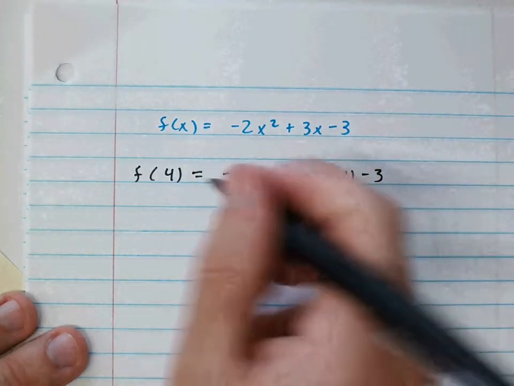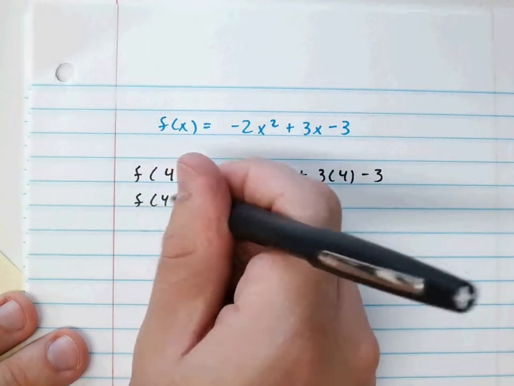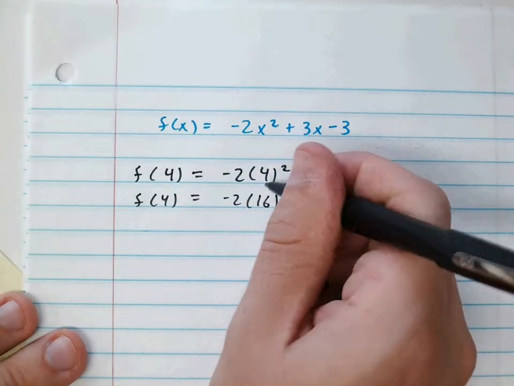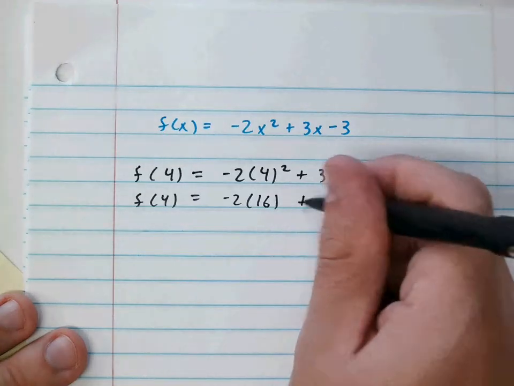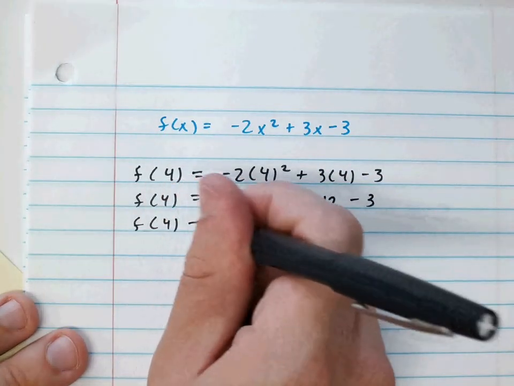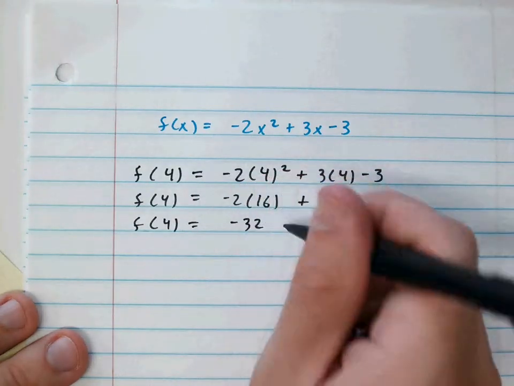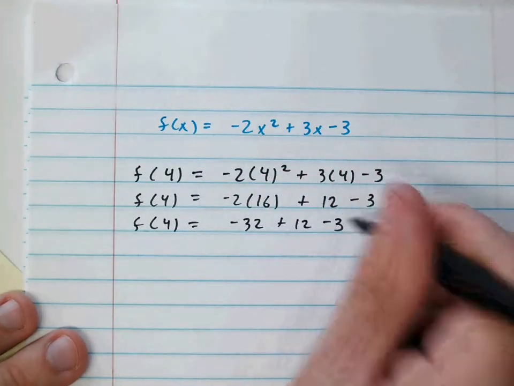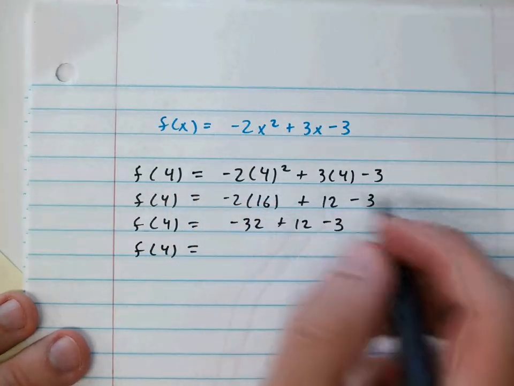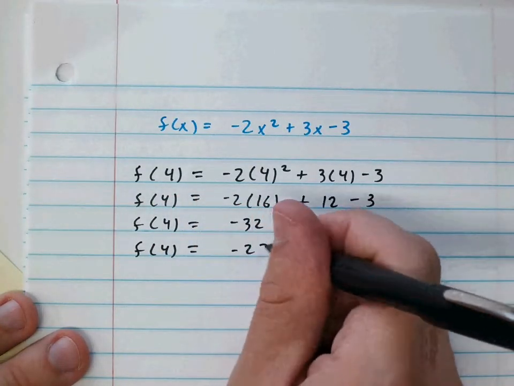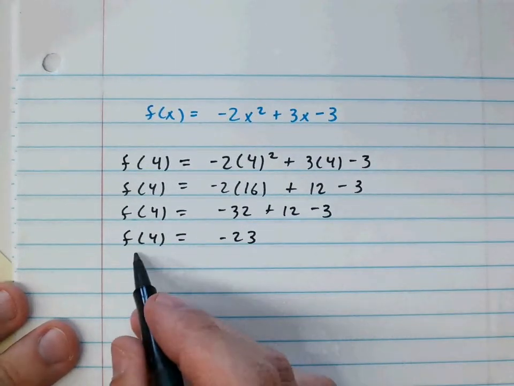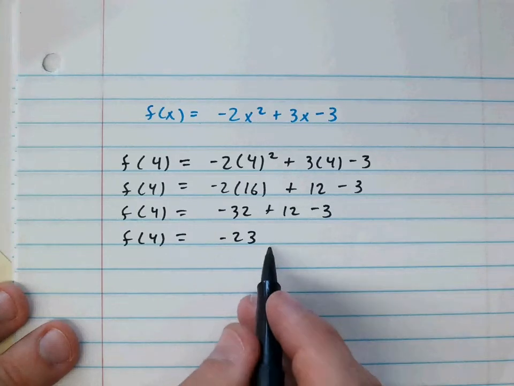Then I do the operation. So, negative 2 times 16, make sure you do the exponent before you multiply, plus 12 minus 3. So f of 4 equals negative 32 plus 12 minus 3. Then I add that, so that would be negative 20, negative 23. So the function value at 4, f of 4, is negative 23.